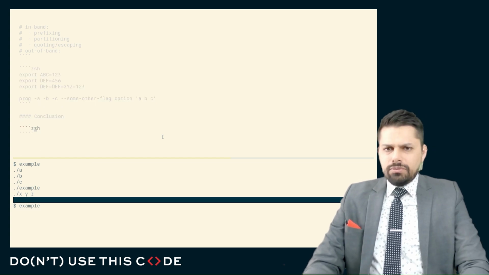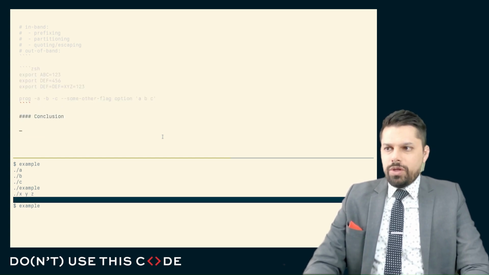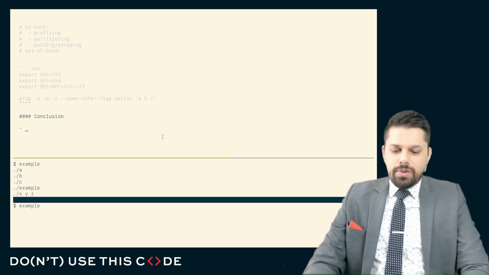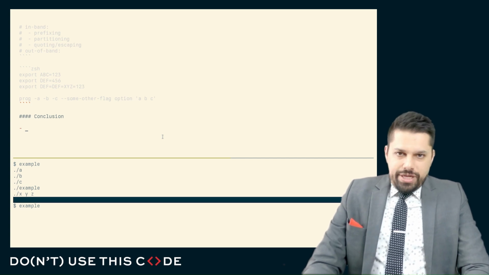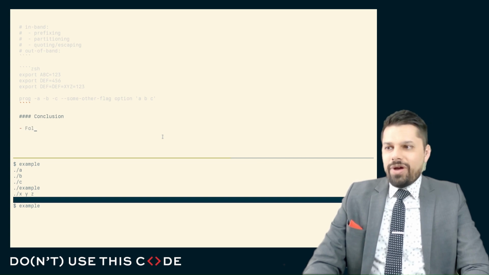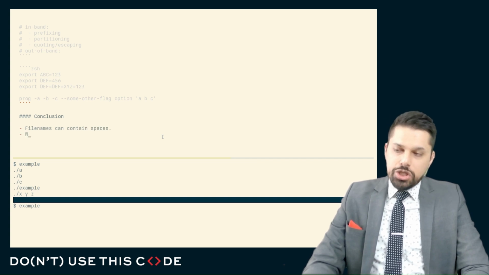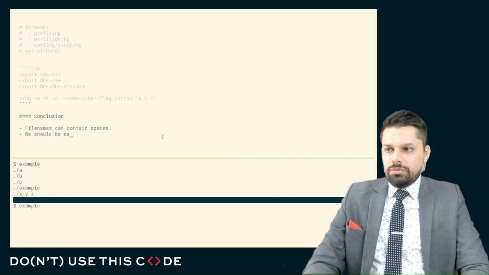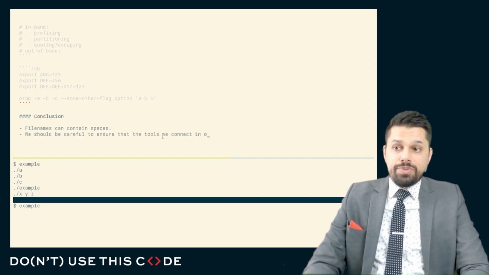And so our conclusion is fairly straightforward, which is as follows. Let's not freak out when people give us files that contain spaces. File names can contain spaces. Our conclusion is that we should be careful to ensure that the tools we connect in our scripts are collaborating.